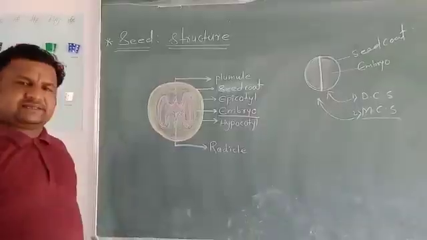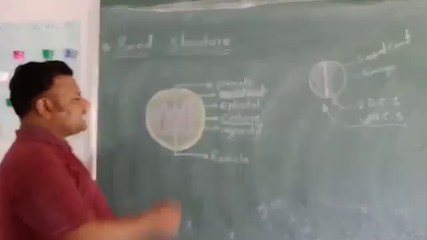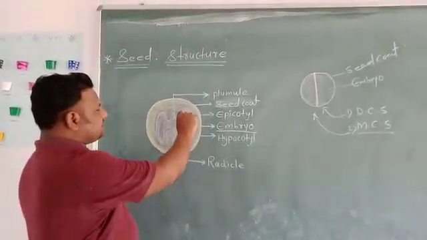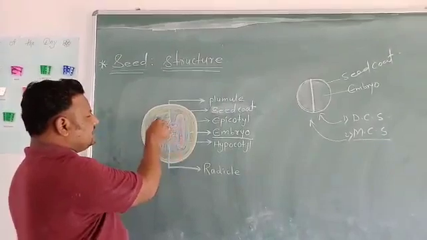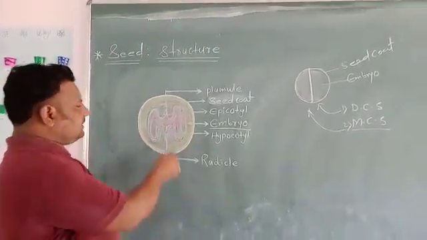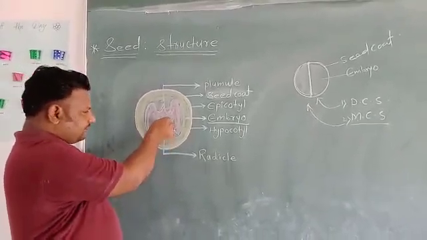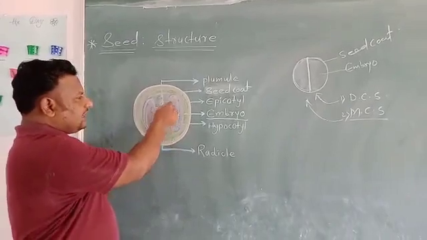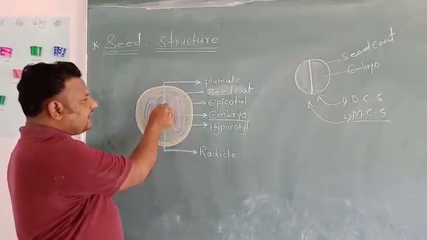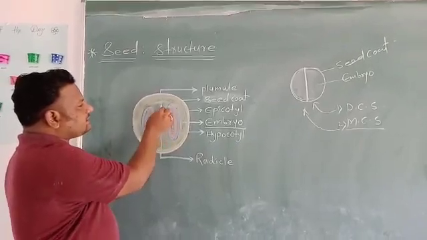Inside the embryo, you can see the arrangement of cotyledon. The attachment of cotyledon. This entire thing we can call cotyledon. The attachment of cotyledon further extends down, and here the attachment of cotyledon extends towards up.